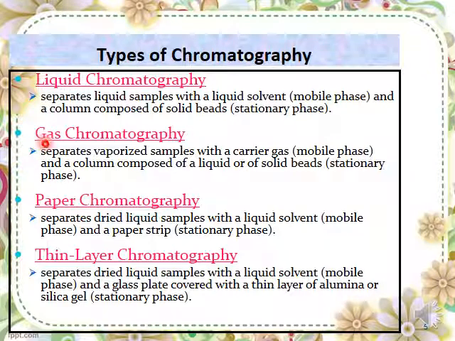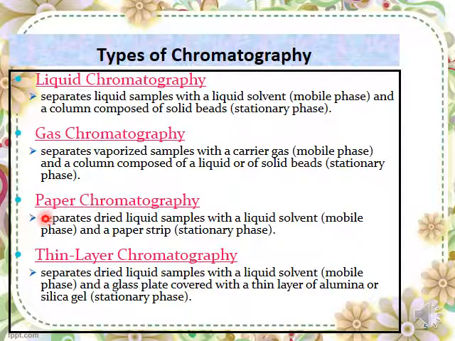Second is gas chromatography. This one will separate a vaporized sample with a carrier gas. So the gas will act as the mobile phase, which will carry the sample that has been vaporized through a column, and that column is the one that acts as the stationary phase. Normally gas chromatography will involve the use of sophisticated instrumentation.